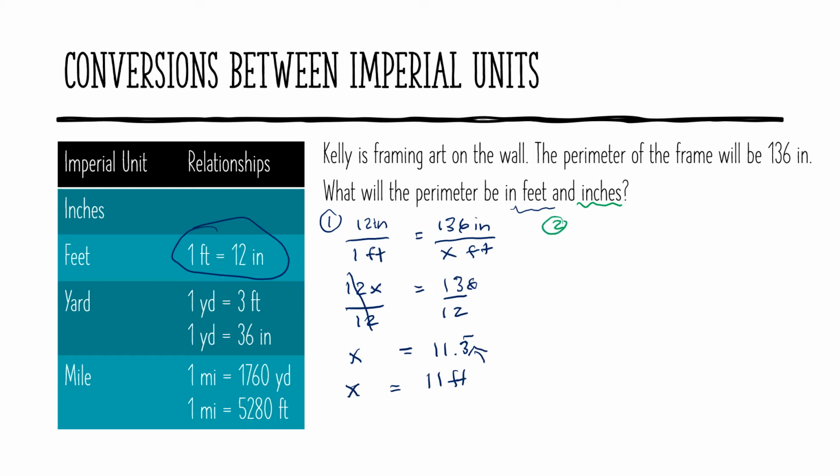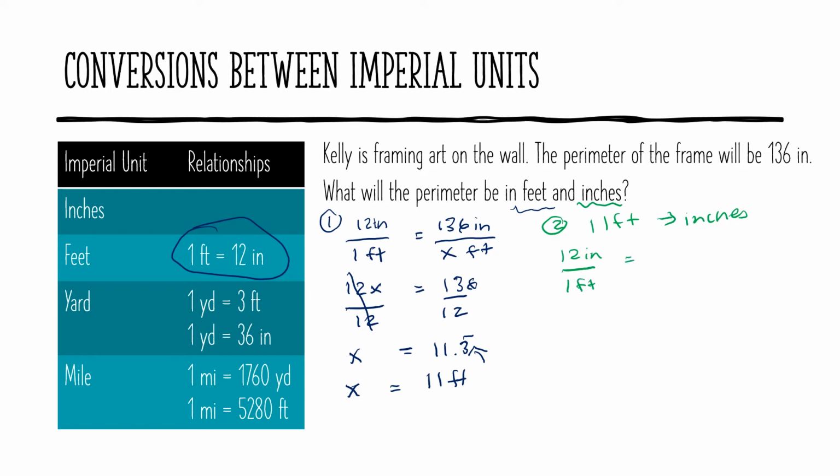Okay, step 2 involves converting the 11 feet into inches. Okay, so again, we can use our proportion from the chart. So there are 12 inches in 1 foot.